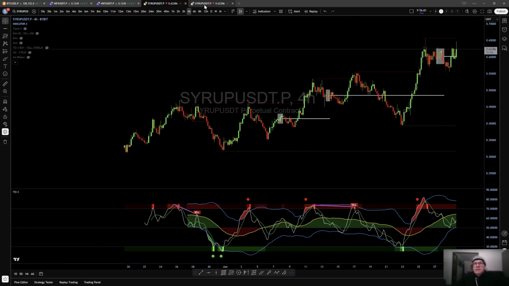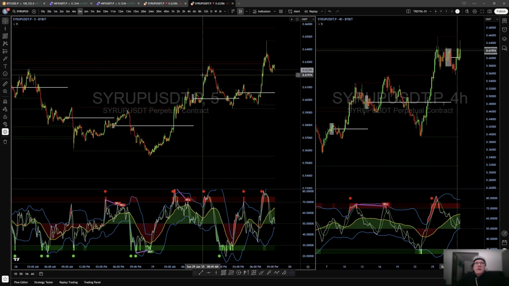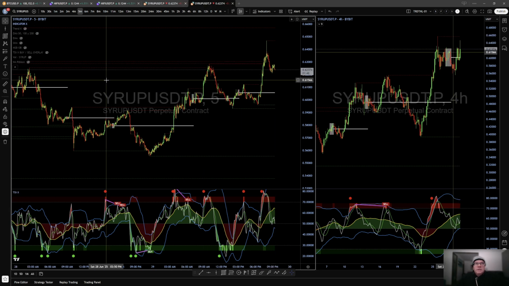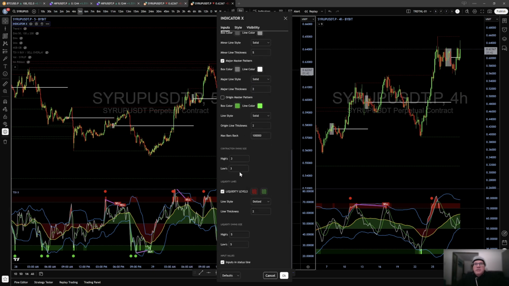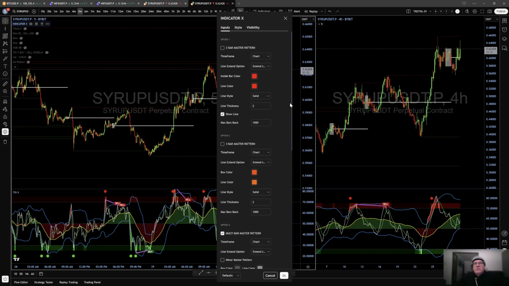But I'll show you my settings, just in case you don't know what settings to use. On anything pretty much below the hourly, I would be using a contraction swing size of 3 for your IndicatorX, and liquidity probably 5 and 5. I'm only using the multi-bar master pattern.